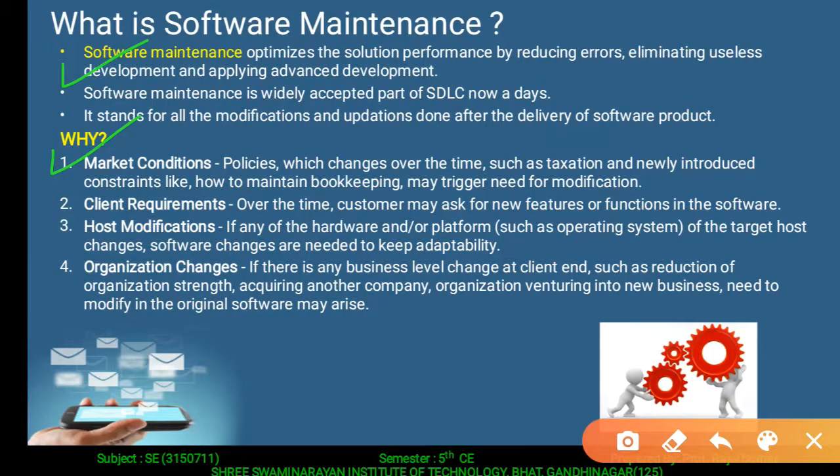Then the second one is client requirement. What do you mean by client requirement? Client requirement means over time the customer may ask for new features. Here the requirement of the customer is updated. So the customer needs some changes in the software, like requiring new features.